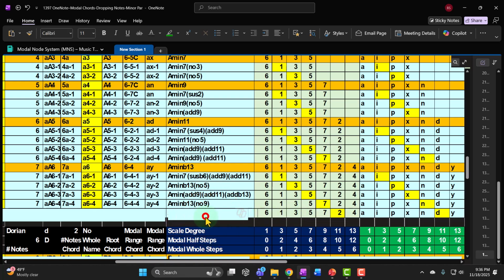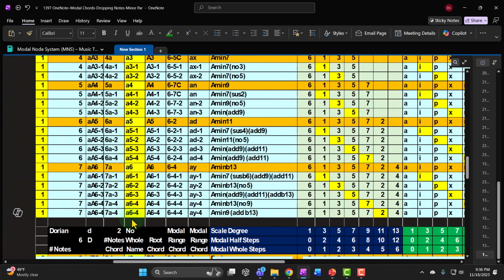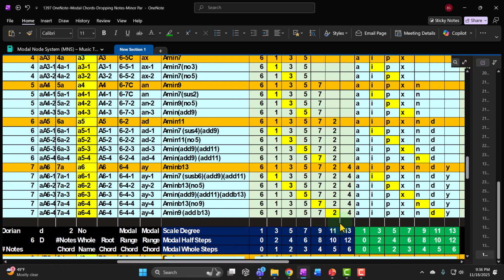And finally, let's say we're dropping the 11, right? If I drop the 11, you would think you could go long. It would be an A minor B13 no 11, but no, you don't typically go long. You typically go short and then add the one, which would be a B minor 9, and then add B13.